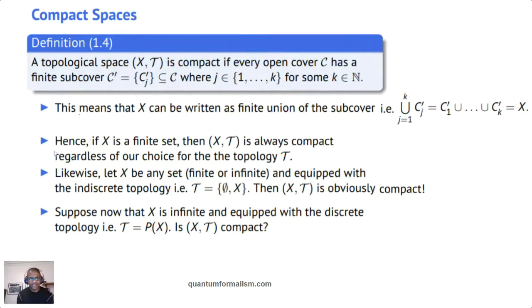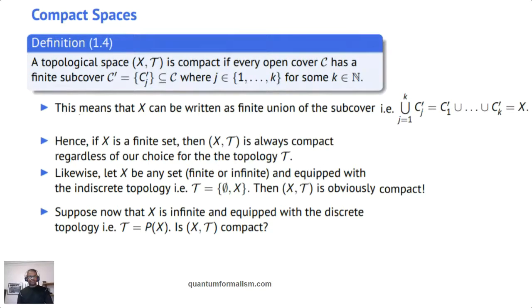Okay, and now here's a challenge for you. Well, I hope you can see this. By definition, it's obvious: if X is finite, then whatever your choice of topology you build on X, that topology is compact. I leave this for you to verify.